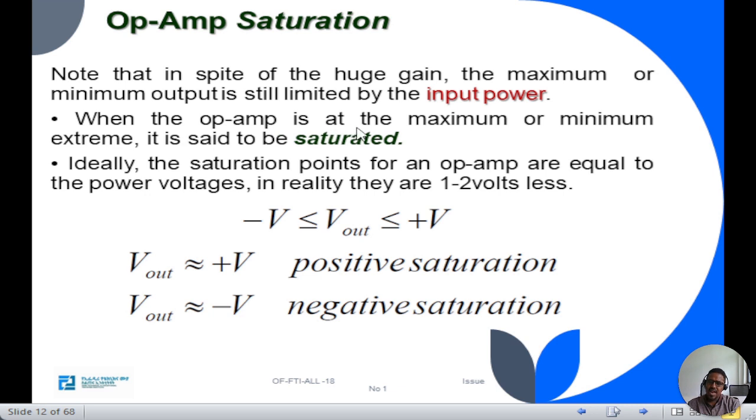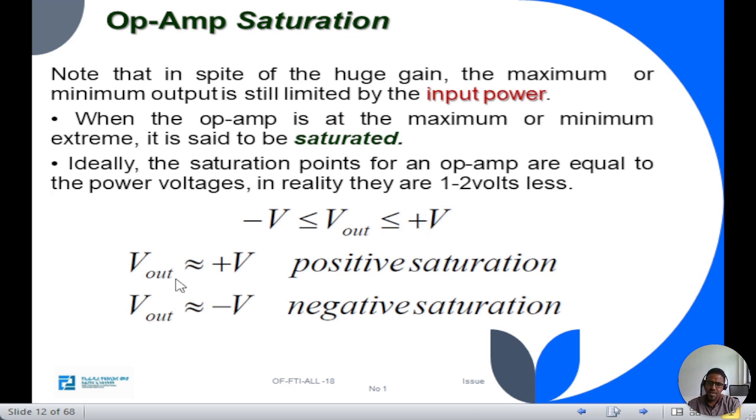When the op-amp is at the maximum or minimum extreme, it is said to be saturated. Ideally, the saturation points for an op-amp are equal to the power supply voltage. In reality, they are 1 to 2 volts less. So that means negative V applied is less than or equal to V out, which is less than or equal to positive V applied.